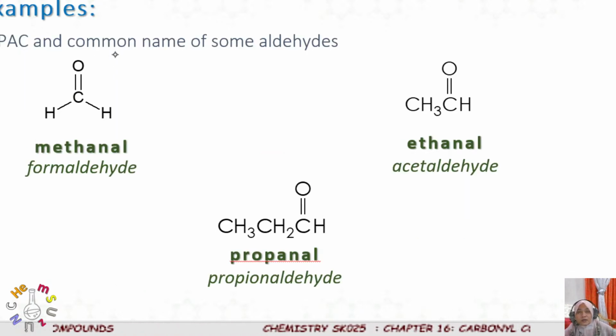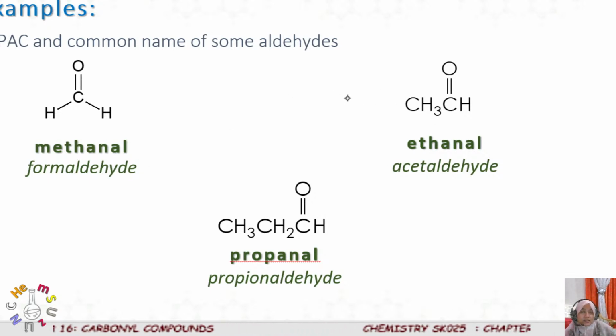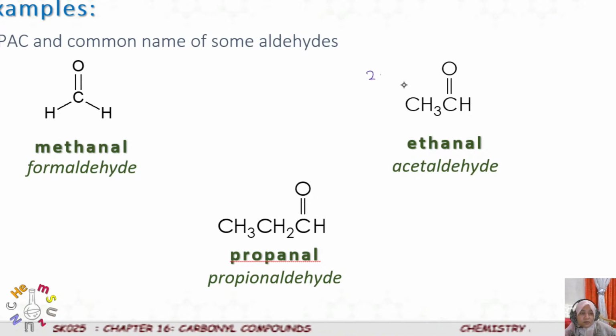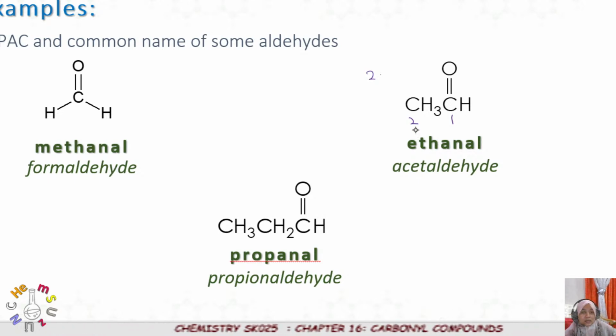Here are the IUPAC and common names of some aldehydes. Number 1 has only one carbon, so we name this methanal, or the common name is formaldehyde. Number 2, we have two carbons. For the alkane, the homologous series name is ethane.